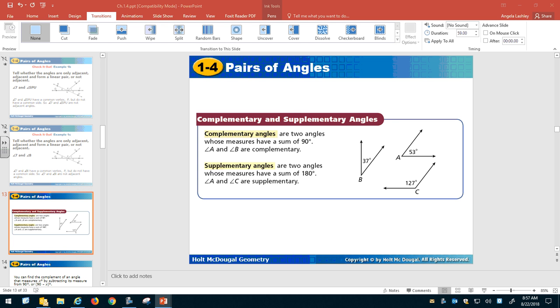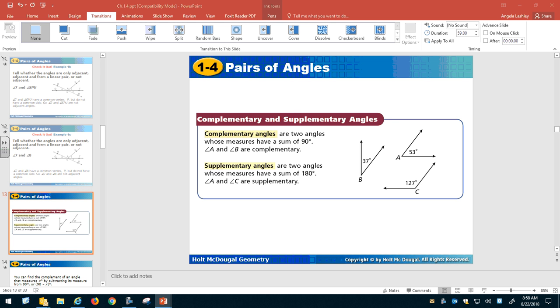So what word have we learned today, or what example of angles would also be supplementary? Very good, a linear pair, because it's 2 angles, and when we add them together, they form a straight line, which is 180 degrees. So every linear pair is also going to be supplementary.